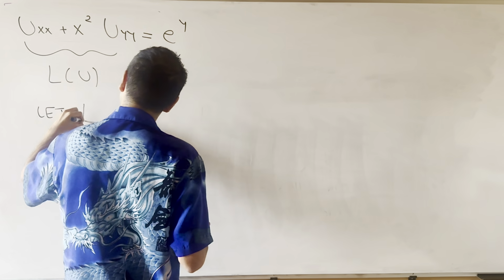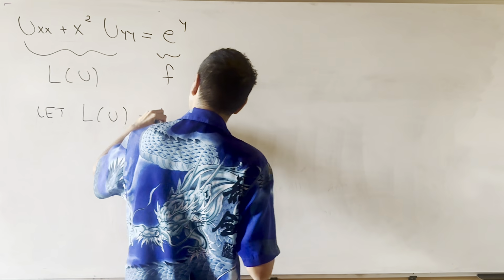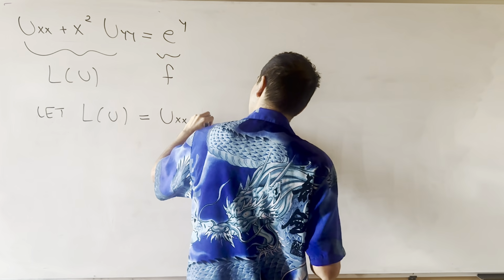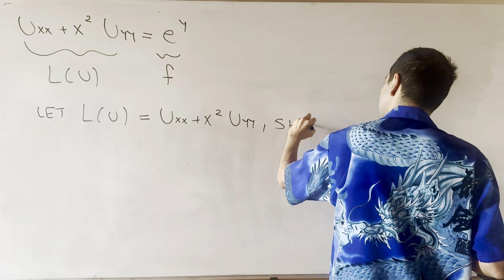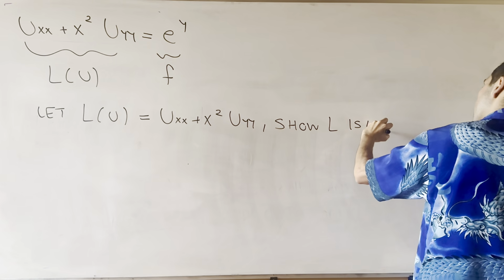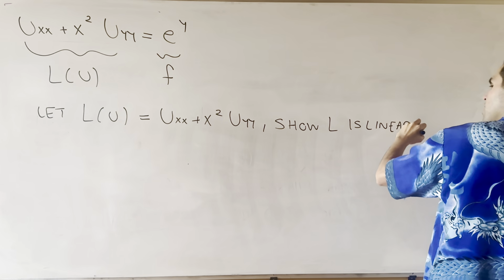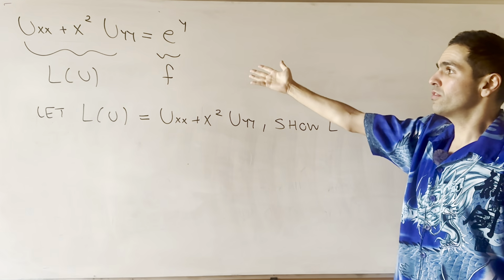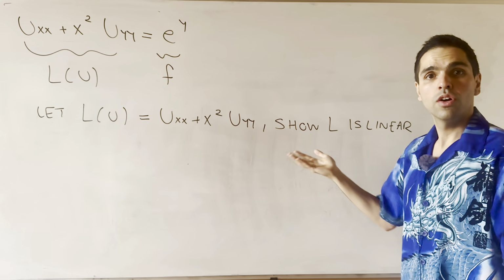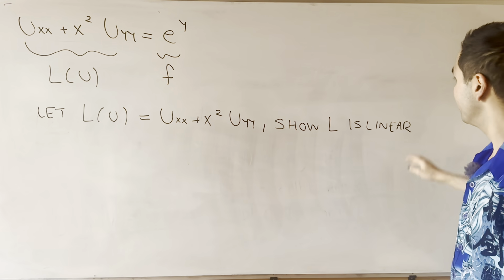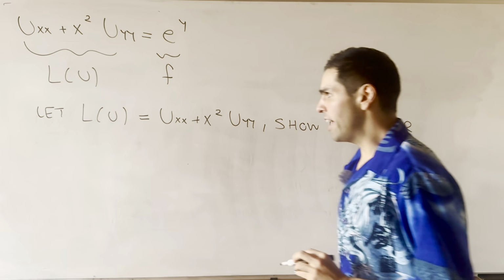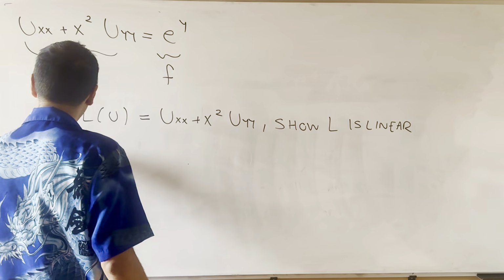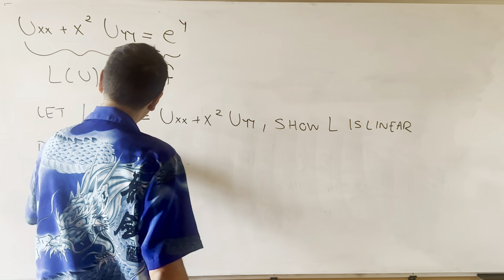So let L of u be u_xx plus x squared u_yy, and then show L is linear, because then we're done. Then it's of the form L u equals f, where L is linear, and then the PDE becomes linear.